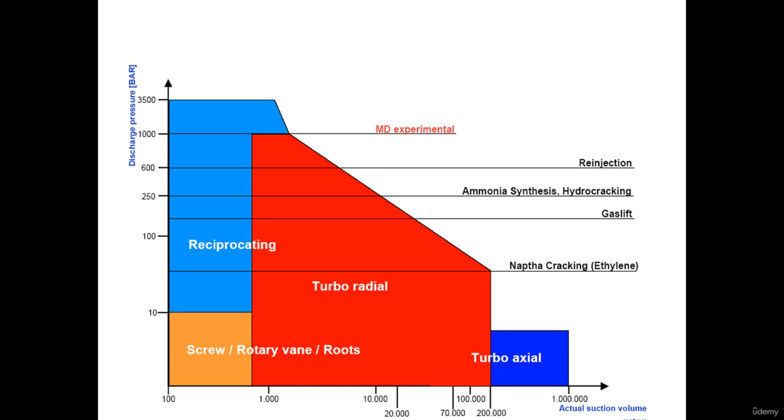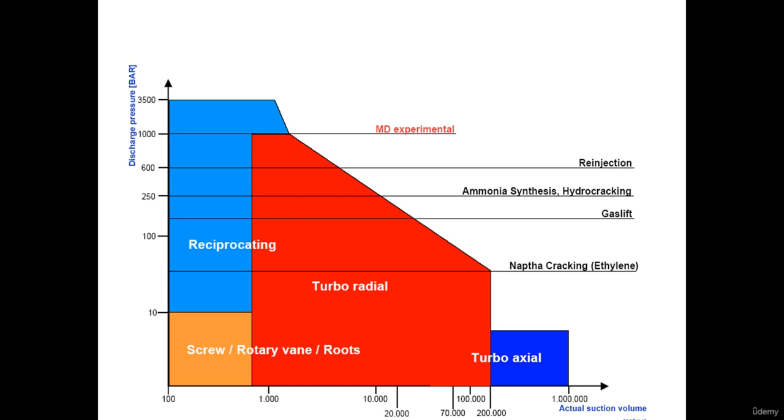This is a simple map representing how reciprocating compares with the rotary screw. Usually the rotary vane and lobe, it acts as a blower, in terms of pressure increase of 1 bar or 1000 millibar. But the screw can reach 27 bar, 40 bar.